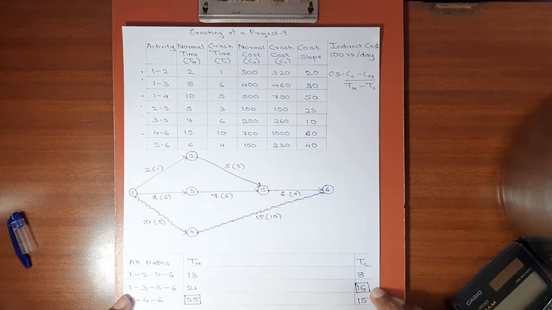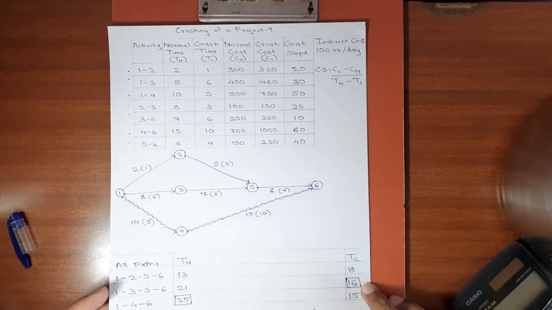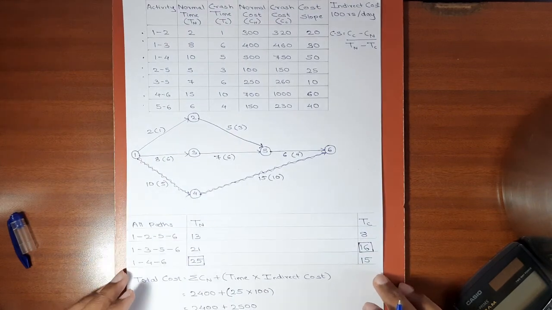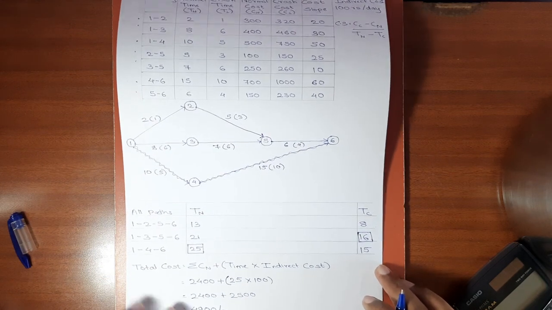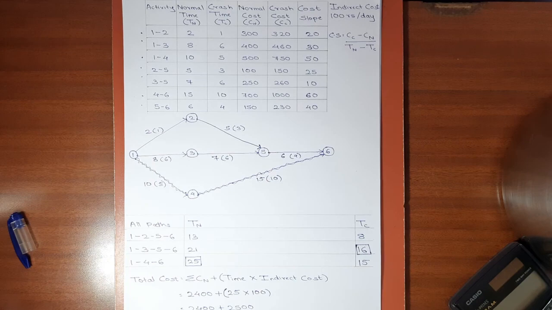Okay, we have the cost slope of all the activities, we have the network diagram, we have the critical path, and we have the total cost of the project. So now we can proceed towards crashing.